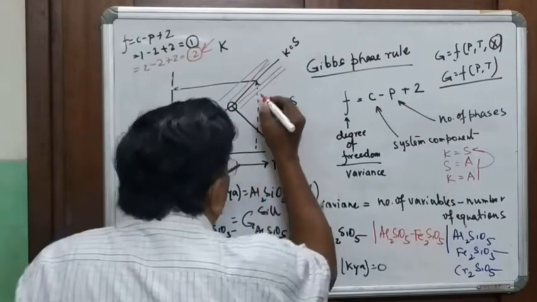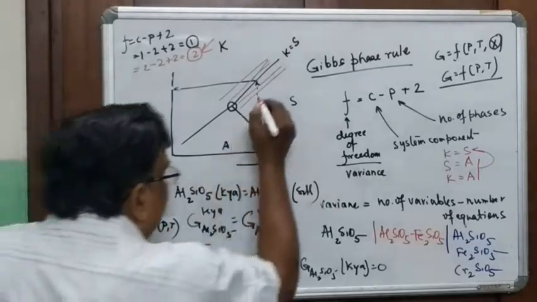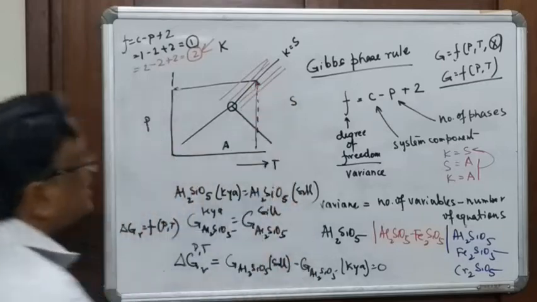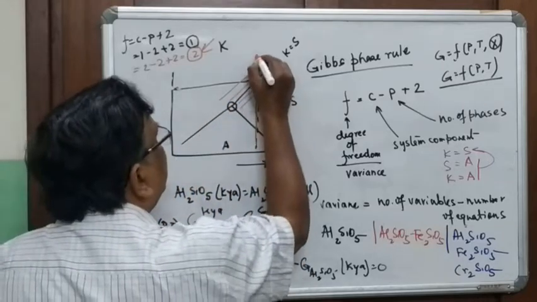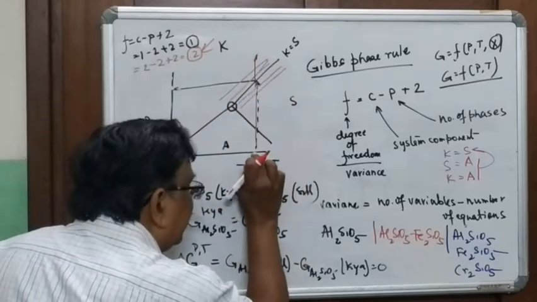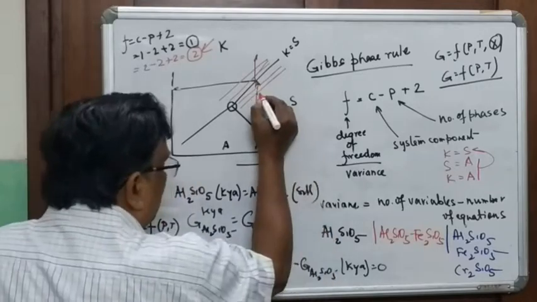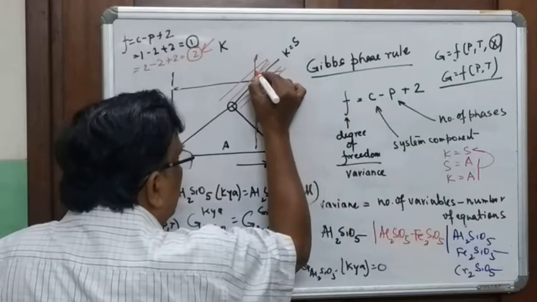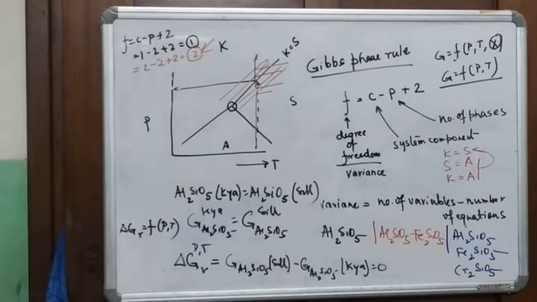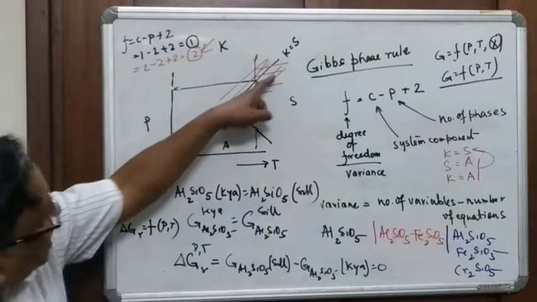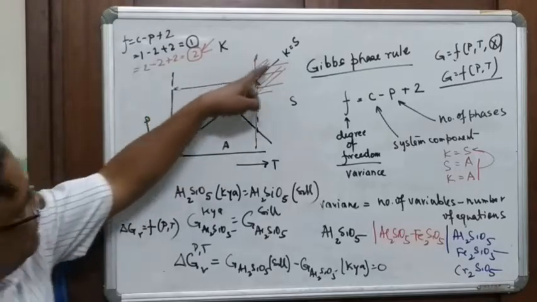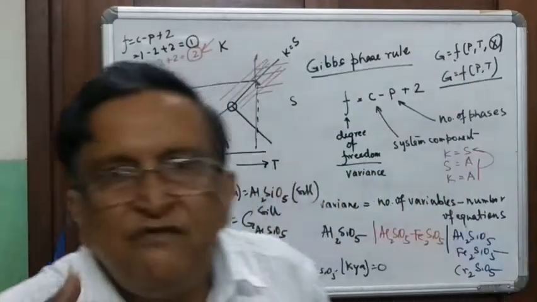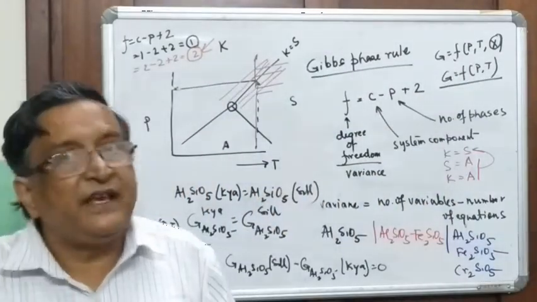So now if I draw the same line here, the temperature is still there, but the pressure could be here, or here, or here, or here, depending on the composition of kyanite and sillimanite. Because now your variables are there. What are the variables?